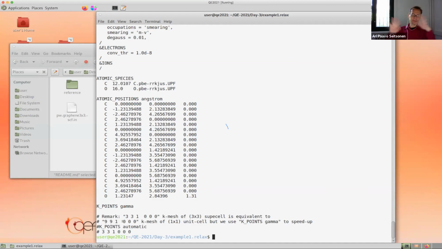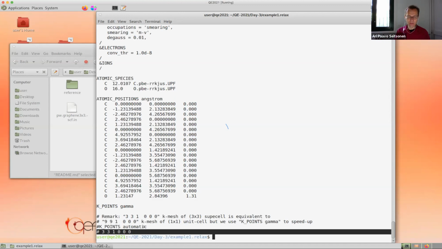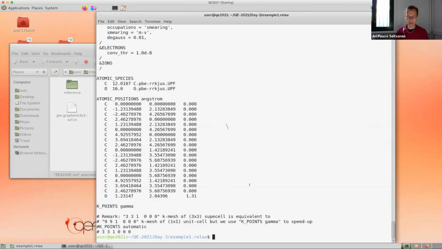Now that we have a 3x3 supercell, you can easily verify, and that's also a good exercise on the folding of the K points when you go to supercells, that the corresponding K points would be 3x3x1. And this is what we should be using if we were consistent. But again, to be a bit faster, we use only the gamma point.